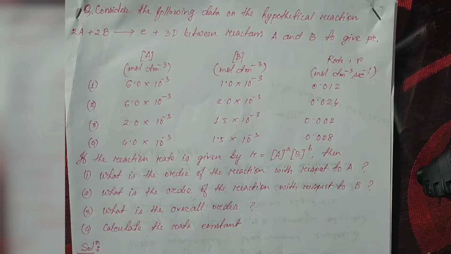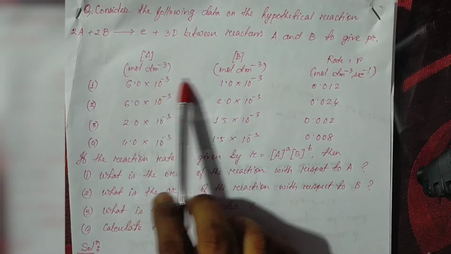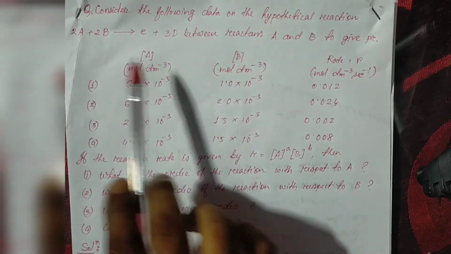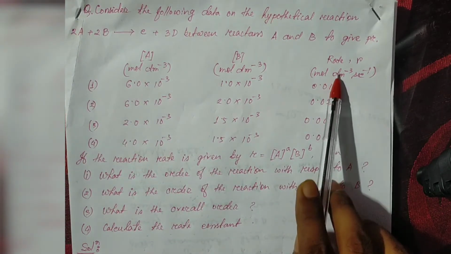Okay, now let's solve another problem. In this question you can see that there is a reaction, and the concentrations of A and B are given, and the rate is given here.